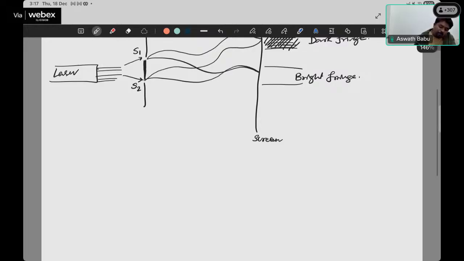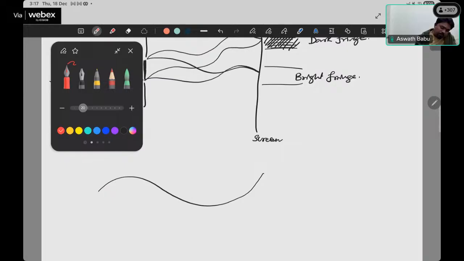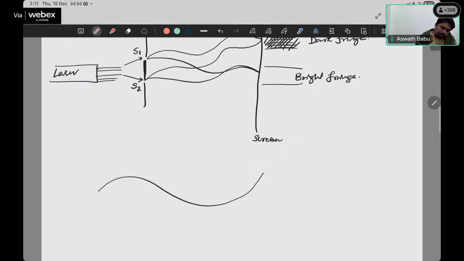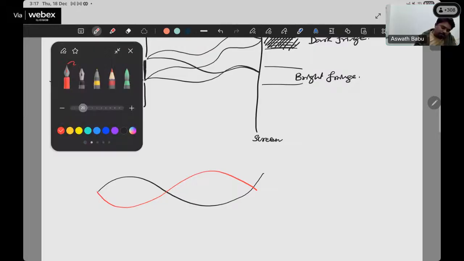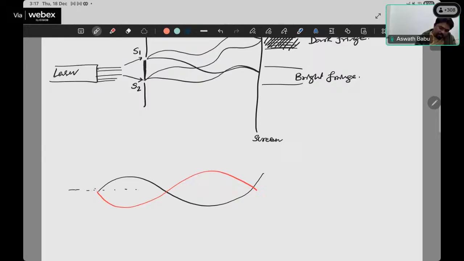Why is that so? If I take a wave like this, and another wave of opposite phase, because of the sum of these two waves, the resultant disturbance is absolutely zero, because both were pulling the medium, or the energy, in opposite directions at every point.